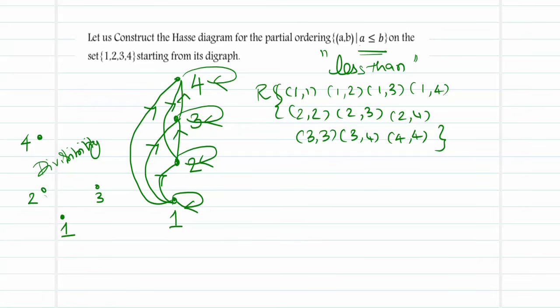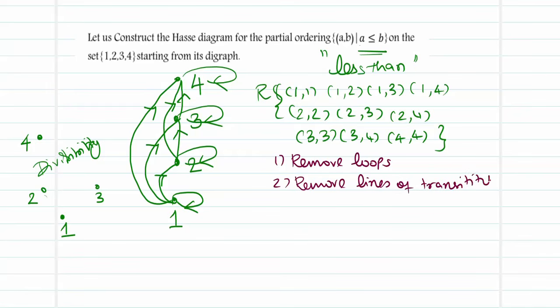So what is going to be the Hasse diagram? Follow your instructions. Step 1, remove loops. Step 2, remove lines of transitivity.